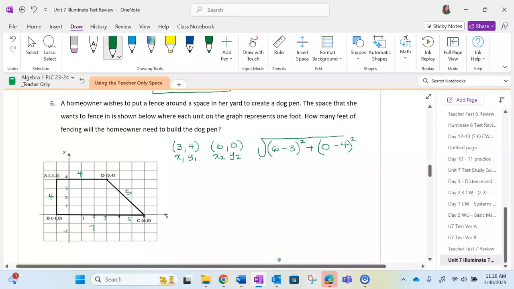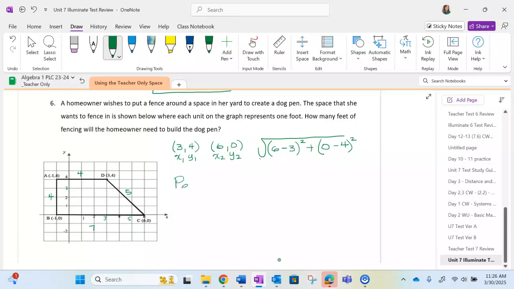We're finding a perimeter, because we need to know how much fence to buy. How many feet of fencing will she need? That's the perimeter. We add all sides. So we have 1, 2, 3, 4 sides.